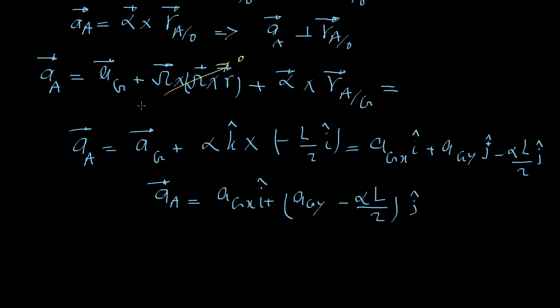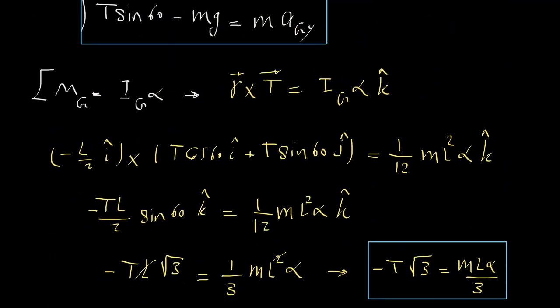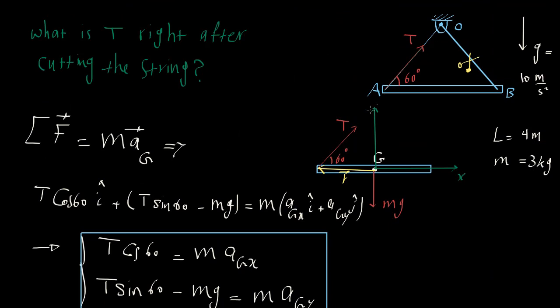Okay, so we said that A A should be normal to R A O. So let's highlight this equation here. This is the constraint that we got for the acceleration of point A, and here we have this equation for point A. So I would say that this vector, acceleration of A, should be normal to R A with respect to O. And R A with respect to O, we know that this is in the direction that makes the angle of 60 degrees with the horizontal direction.